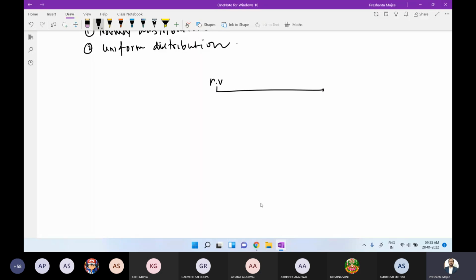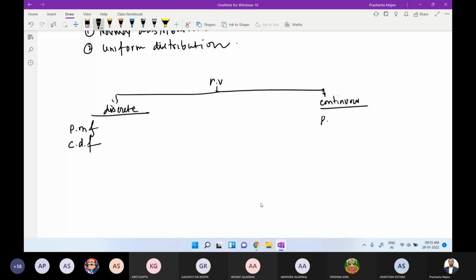It is divided into discrete and continuous. In the discrete case, what do we have? We have the PMF, the probability mass function, and we have the cumulative distribution function. Here in the continuous case we have the probability density function, and then we have the cumulative distribution function.